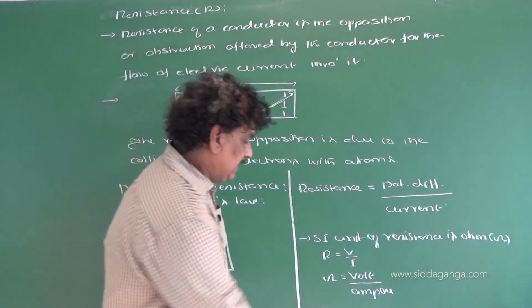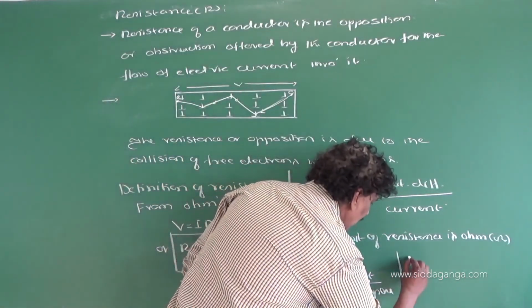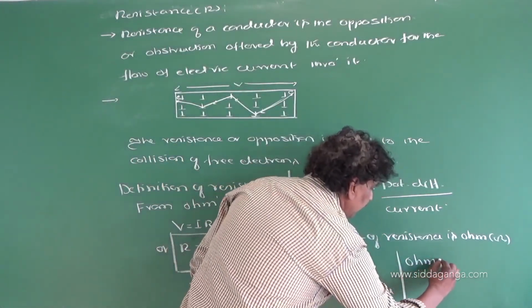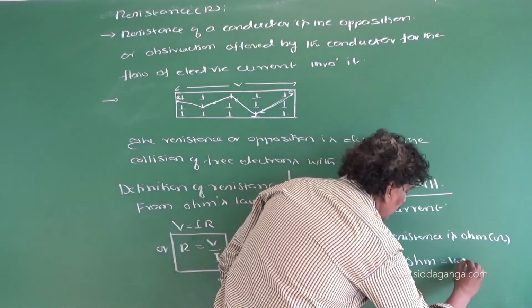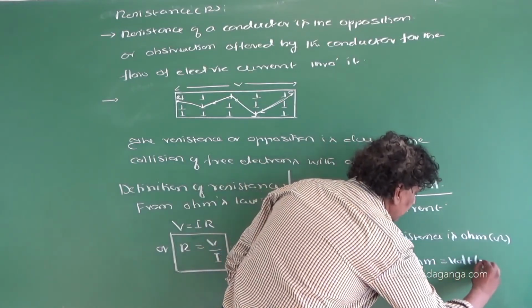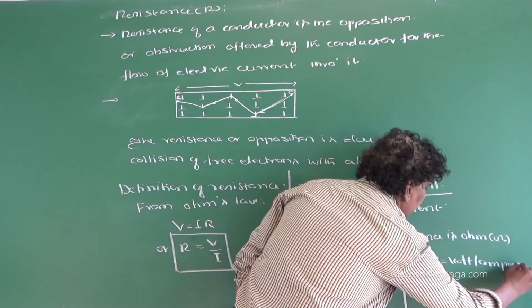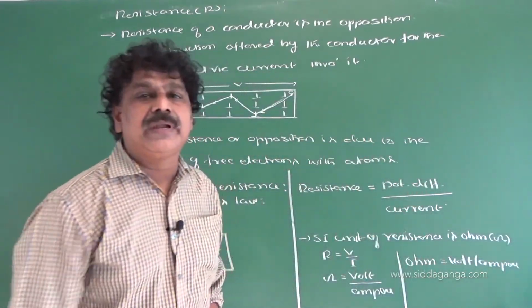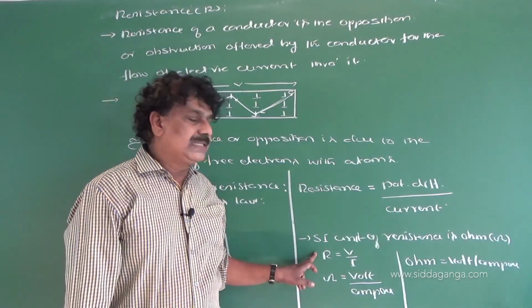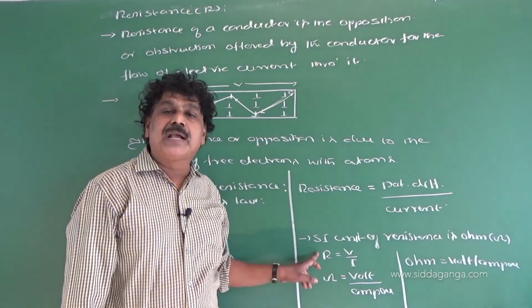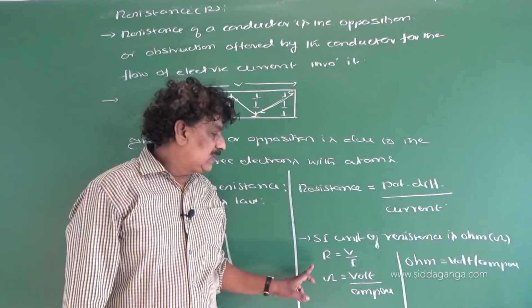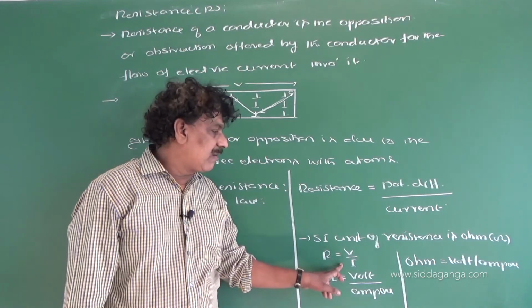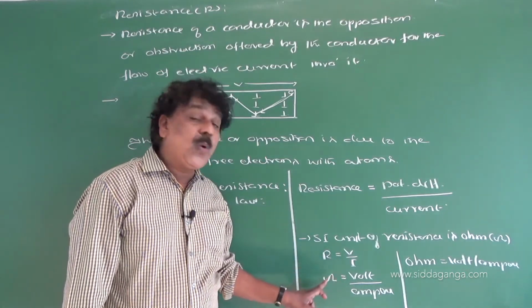That means ohm is equal to volt per ampere. So the actual unit of resistance is volt per ampere, and this volt per ampere is called ohm.